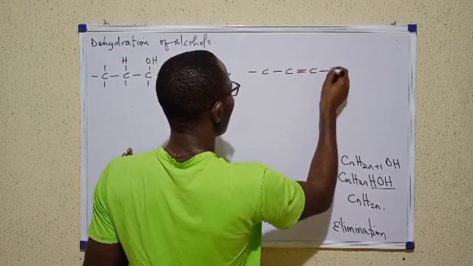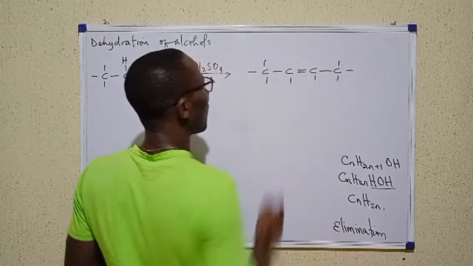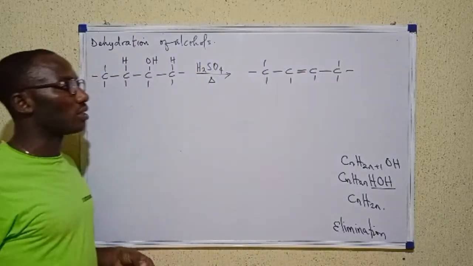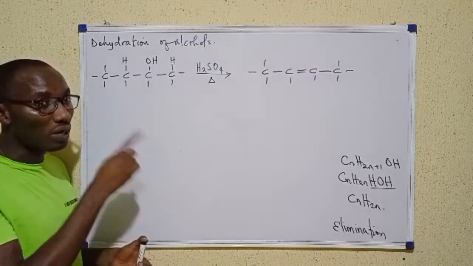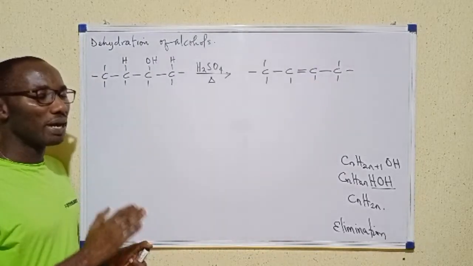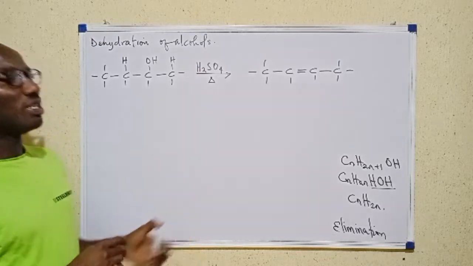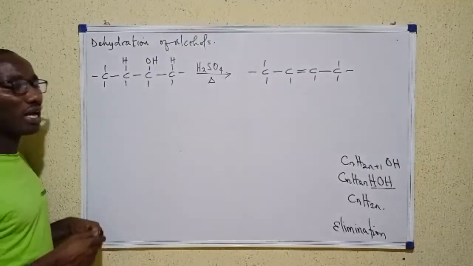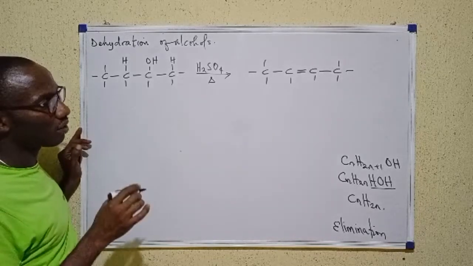It is called but-2-ene. So but-2-ene is our predominant or major product, whereas but-1-ene will also be formed, but it will be the minor product.